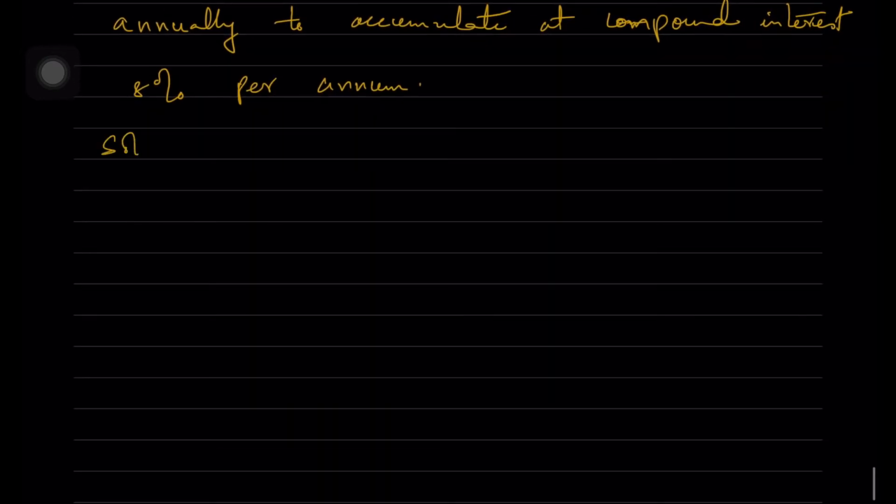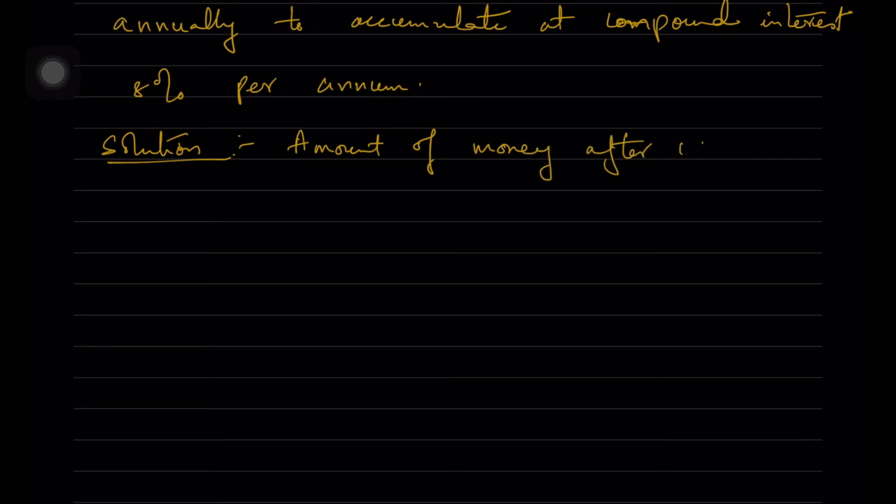So the solution for this is: amount of money after 1 year is equal to rupees 10,000 into 1 plus 8 by 100, which is equal to A1.